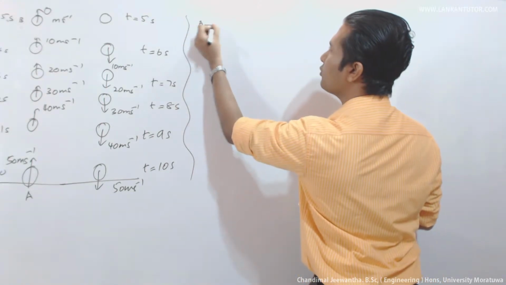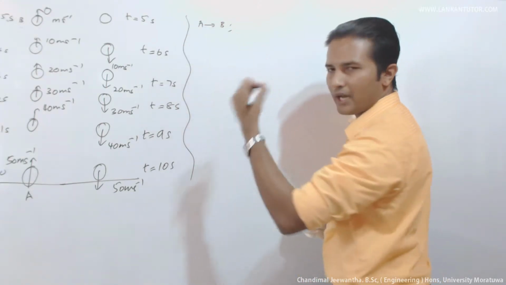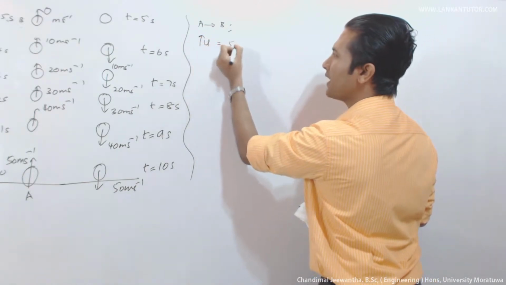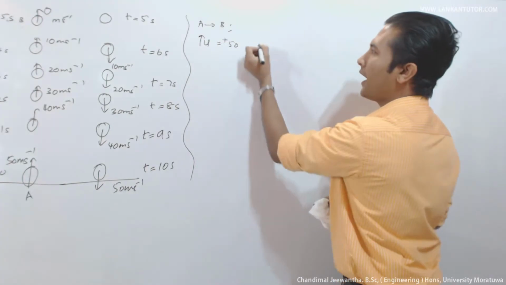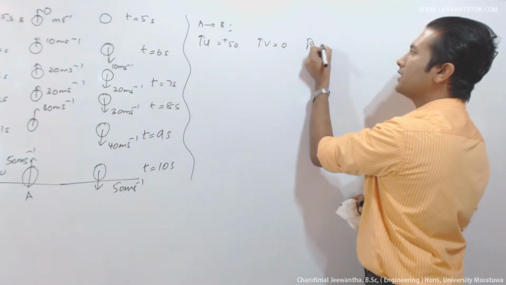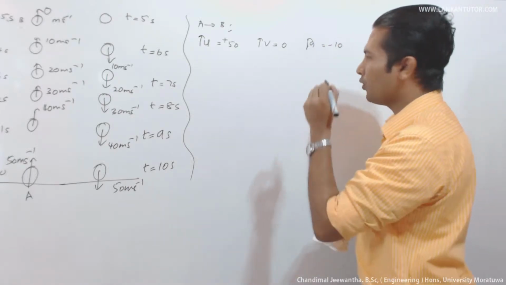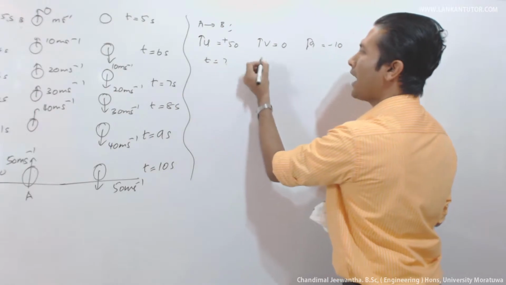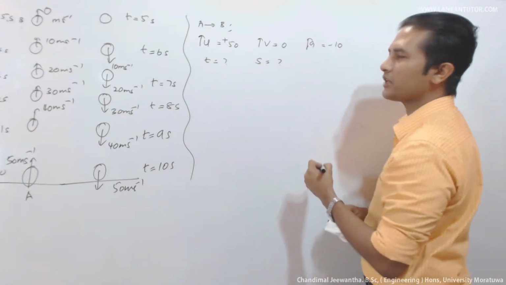So from A to B, we can apply a particular equation. The initial velocity has to be taken as plus 50, the final velocity should be 0, and the acceleration should be minus 10. We can find the time taken as well as the displacement made by the object.